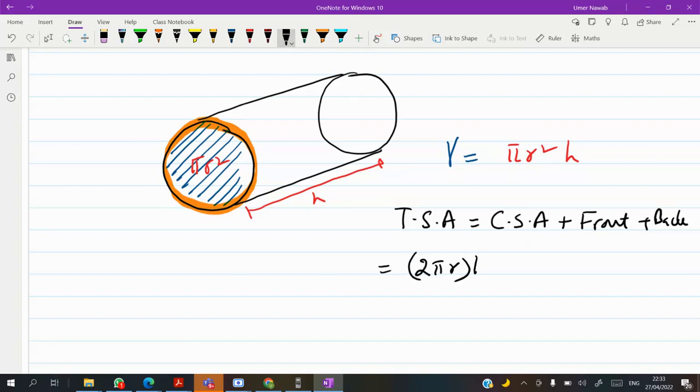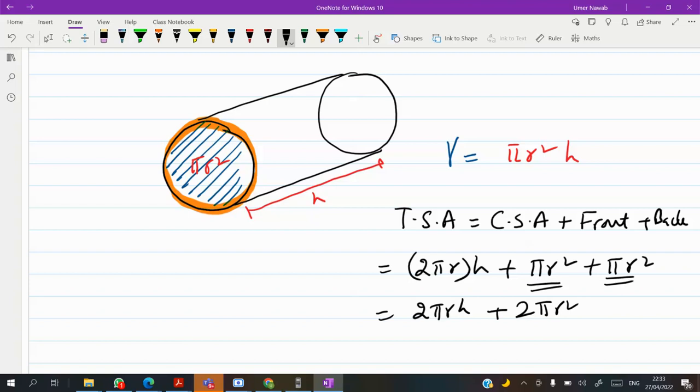Again, multiply with the back length. So 2 pi r times h will be the curved surface area of this cylinder. But till now, we didn't include the front and the back. The front is pi r squared area, and the back is also pi r squared. If you simplify, 2 pi r h plus 2 pi r squared is the total surface area. So, guys, you can see that I have found the total surface area and the volume of a cylinder.